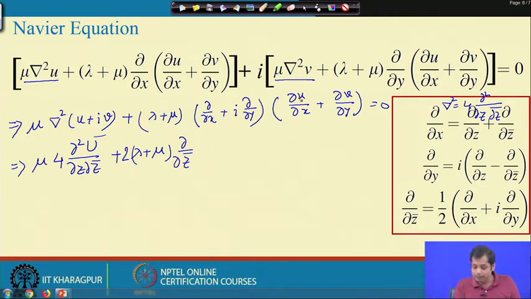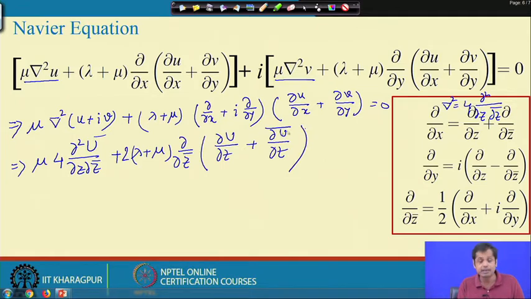Now, similarly, if you substitute del x from this equation and del y from this equation and combine them, you get a final expression like del u by del z plus del u bar by del z bar. So, when we say del u bar by del z bar, it is the conjugate of the entire del u by del z, and that is equal to 0.